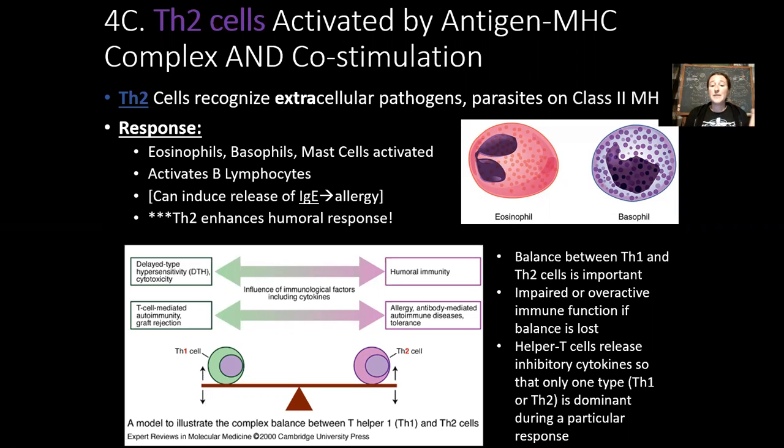And so this balance between 1 and 2 can be impaired for various reasons, or it can be overactive if this balance is lost. If for a variety of reasons, this shifts more to T helper 2 as opposed to T helper 1. Okay.